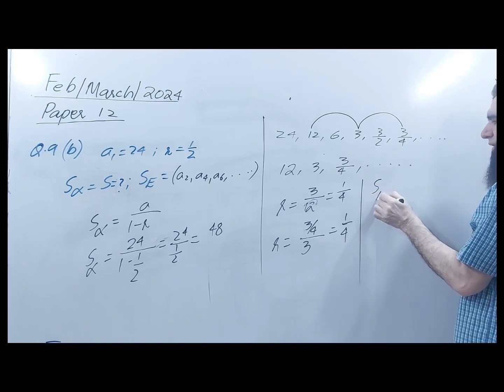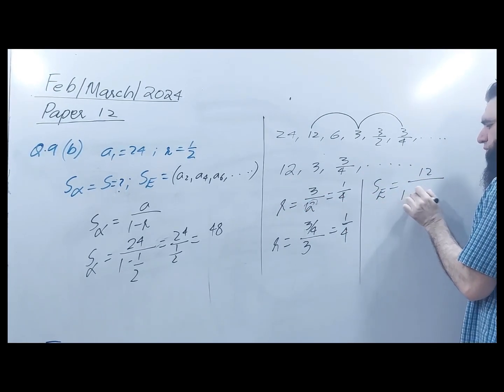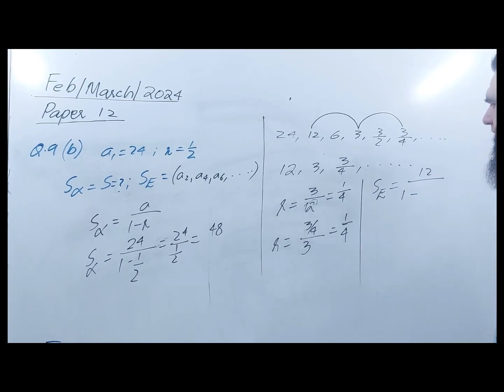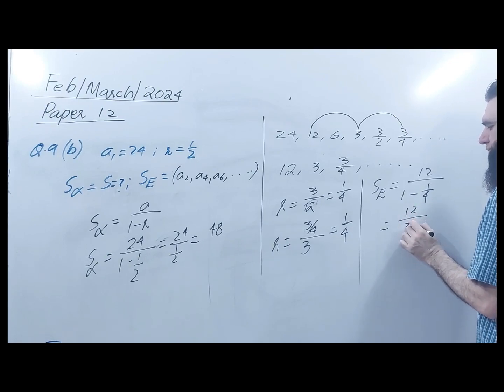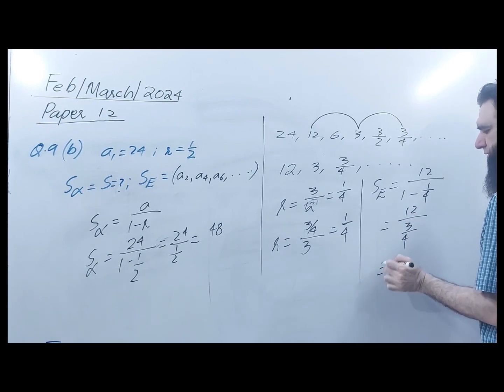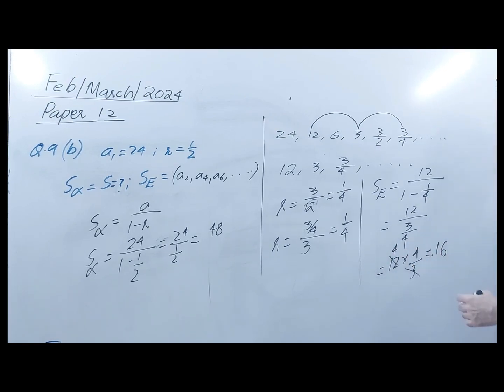The sum of the even terms is a, which is 12, upon 1 minus r. r is 1/4. So the sum is 12 upon 3/4. So it is 12 into 4 upon 3. So 3 4s are 12, 4 4s are 16. This is the sum of the even numbered terms.